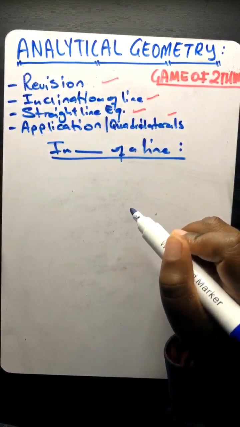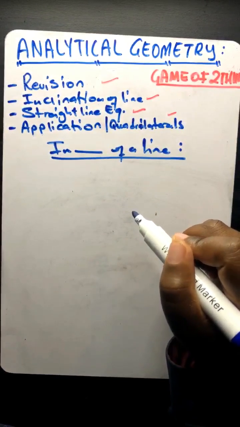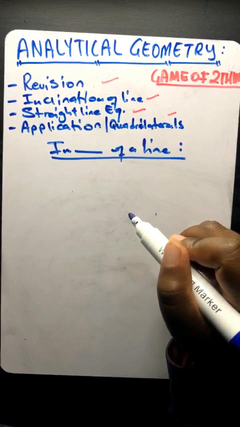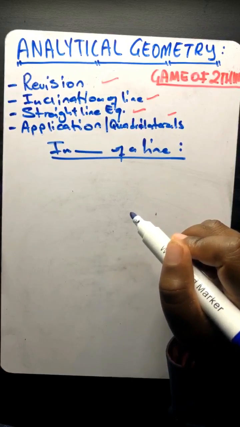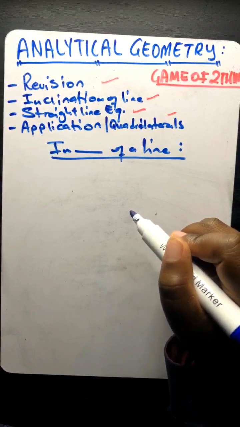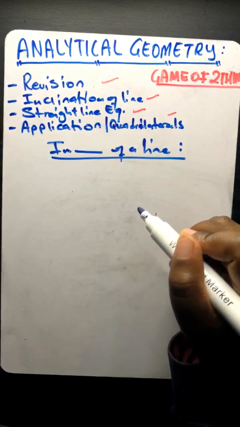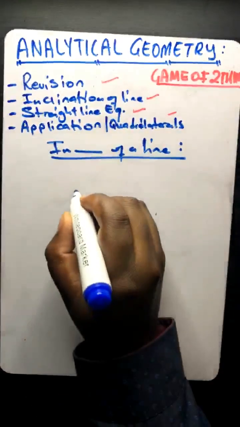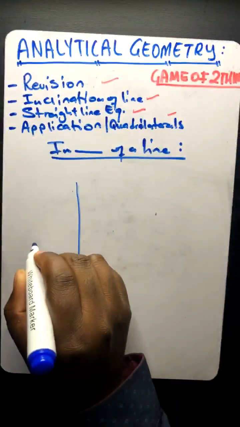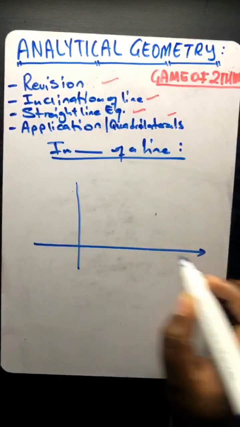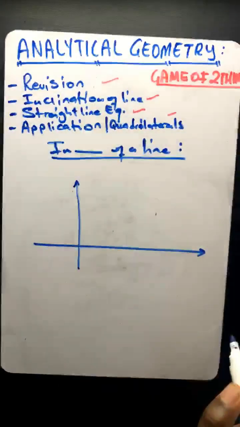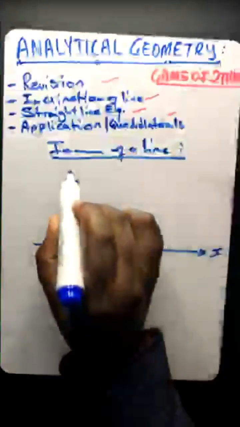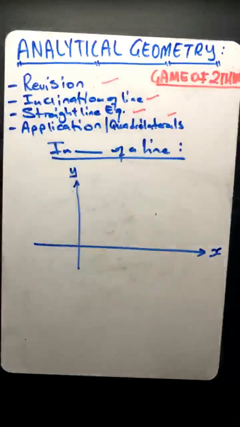Sometimes, in most cases, when something is explained by making use of words, it doesn't fully make sense. But I'm going to do something with which you will realize why mathematics is very nice. You don't need to be an English guru to fully understand mathematics. You just need to be able to interpret a drawn diagram.